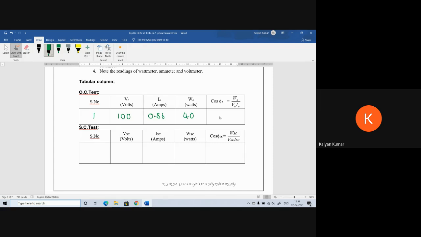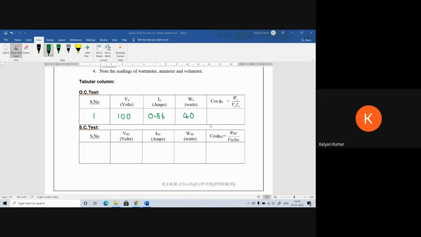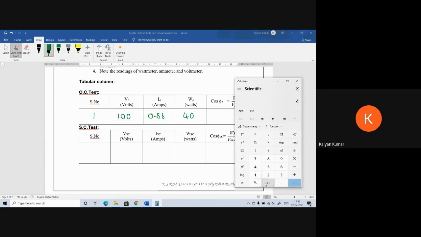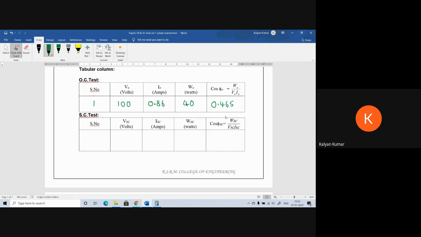Now, if we calculate cos phi naught, W naught is 40 divided by 100 into 0.86. So we are going to get 0.465 as the no load power factor.